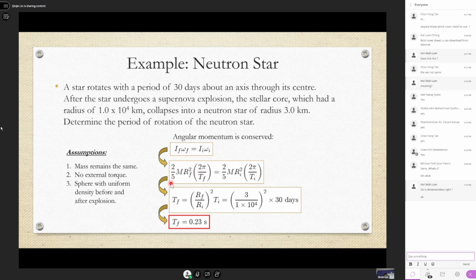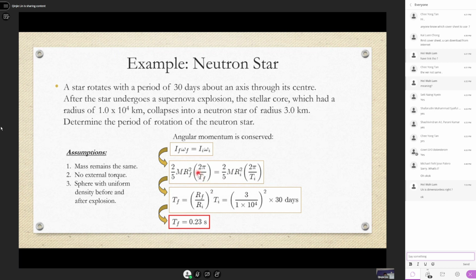So the moment of inertia is 2/5 mr squared. We assume they are spheres. Initially it is 2/5 mr squared, and after that it is also 2/5 mr squared, because we assume they are both spheres.